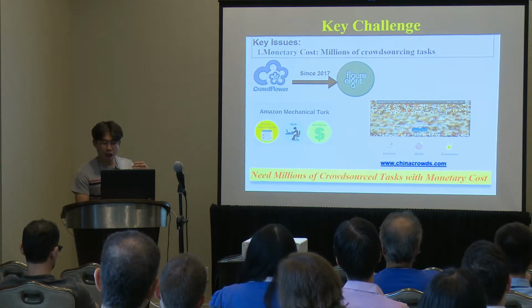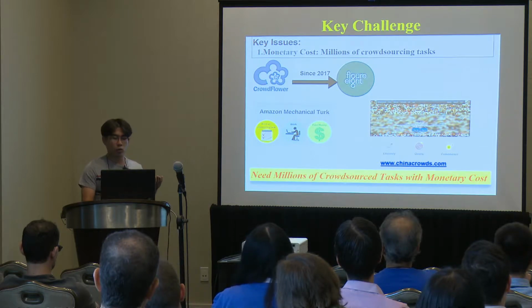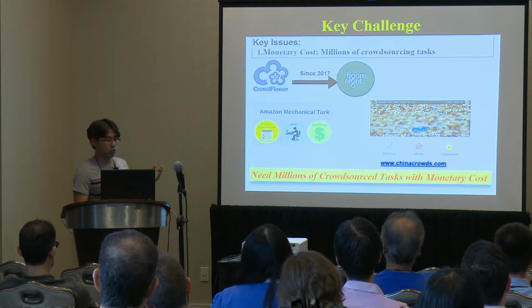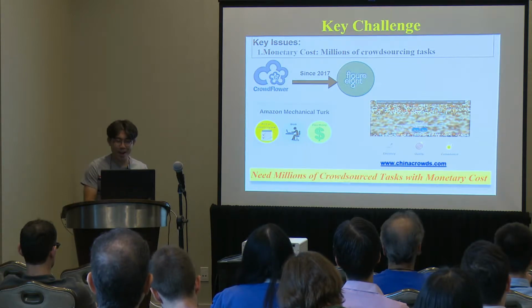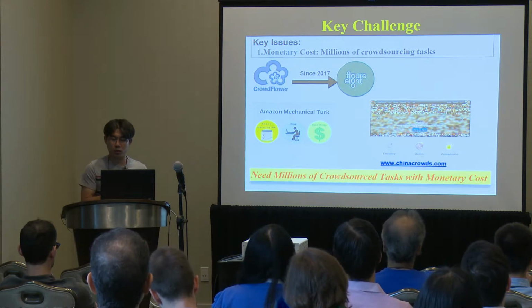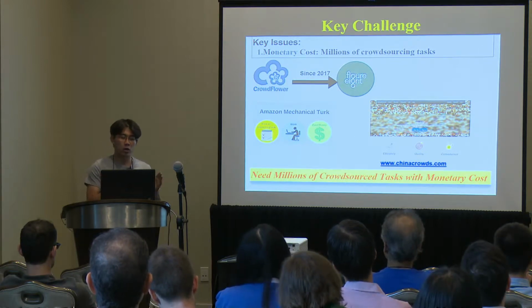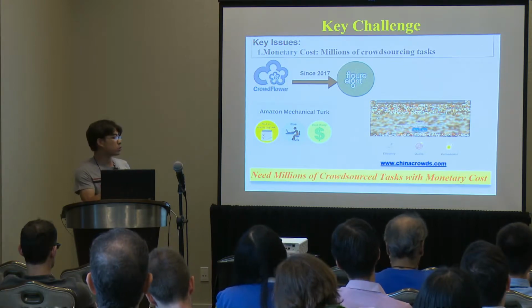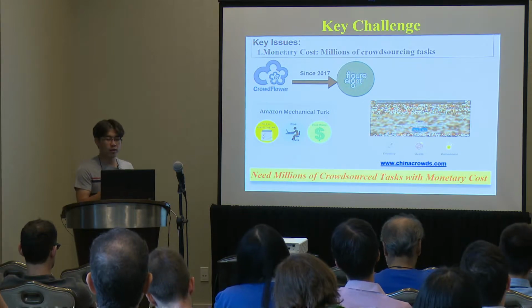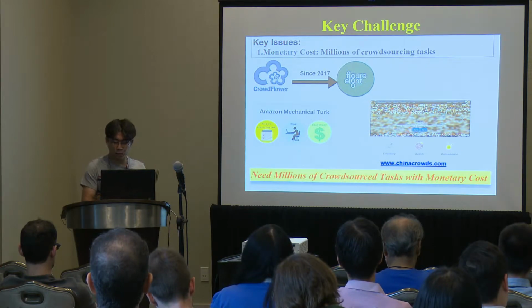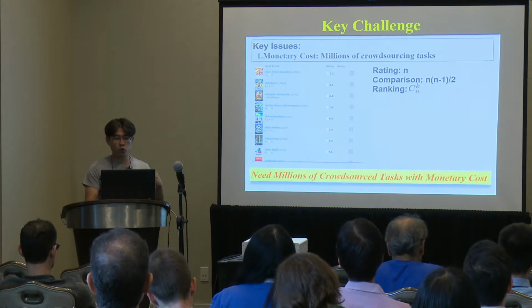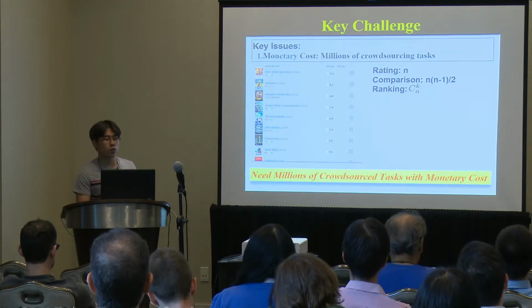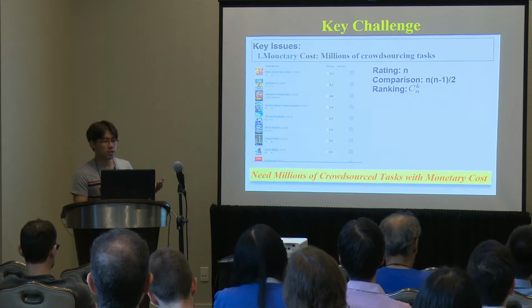And our team, Tsinghua DB Group, also developed a Chinese crowdsourcing platform, www.chinacrowd.com. As you can see, when you publish many tasks on a crowdsourcing platform, it needs millions of crowdsourcing tasks with monetary cost. So for rating tasks, comparison tasks, and ranking tasks, it's very expensive.